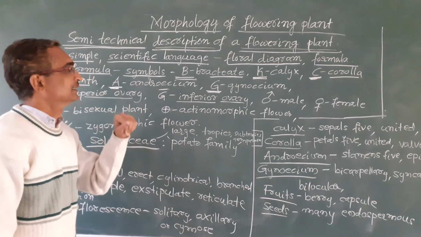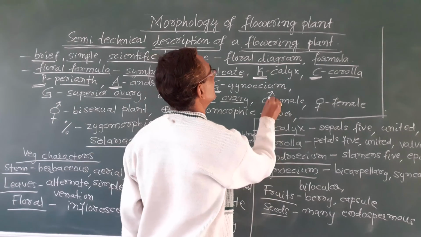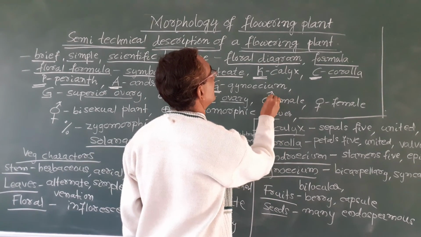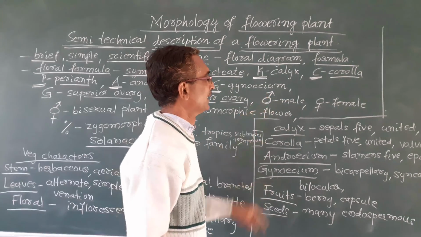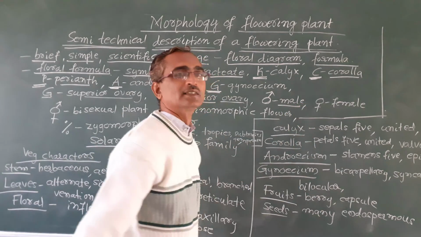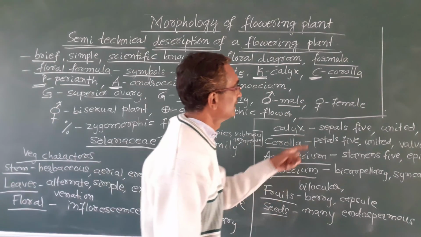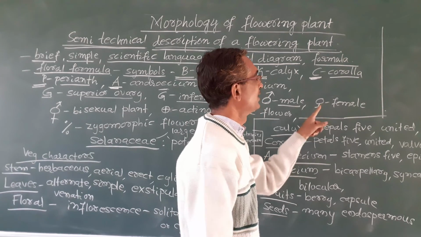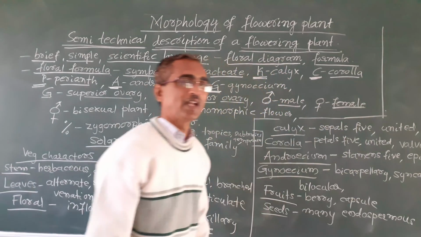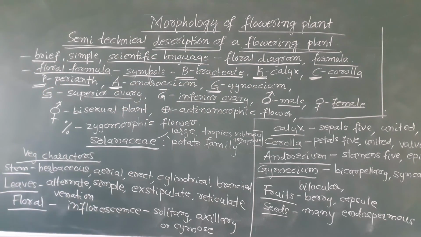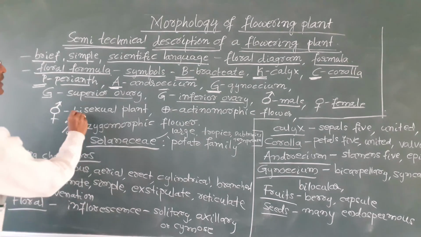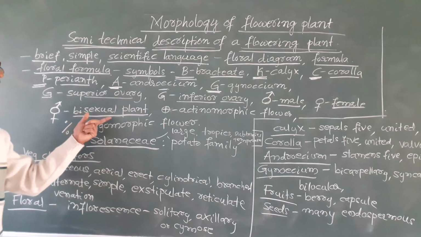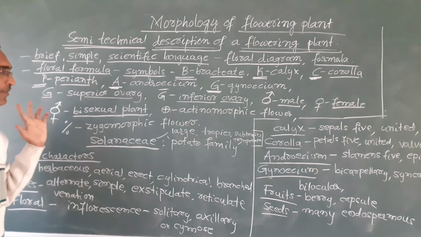The next symbol, a circle along with an arrow, denotes the male. This symbol denotes the female. And this symbol denotes the bisexual flower, that means having both sexes, male and female.